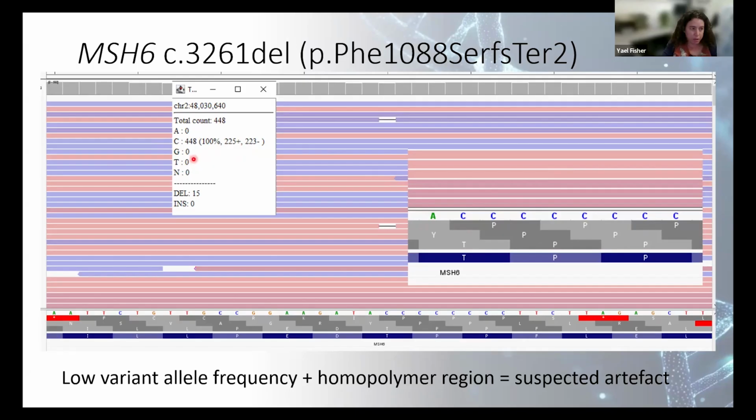So we have a combination here of a low variant allelic frequency and a homopolymer region. This would be suspected as an artifact because these are common sequencing artifacts when there are multiple copies of the same base.